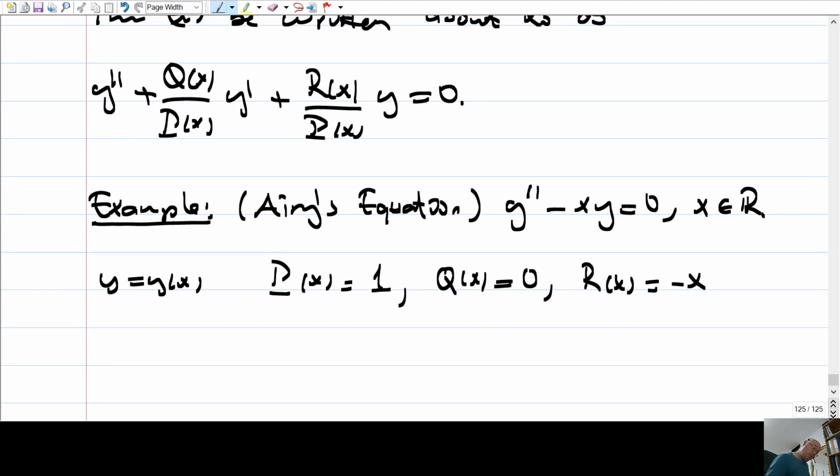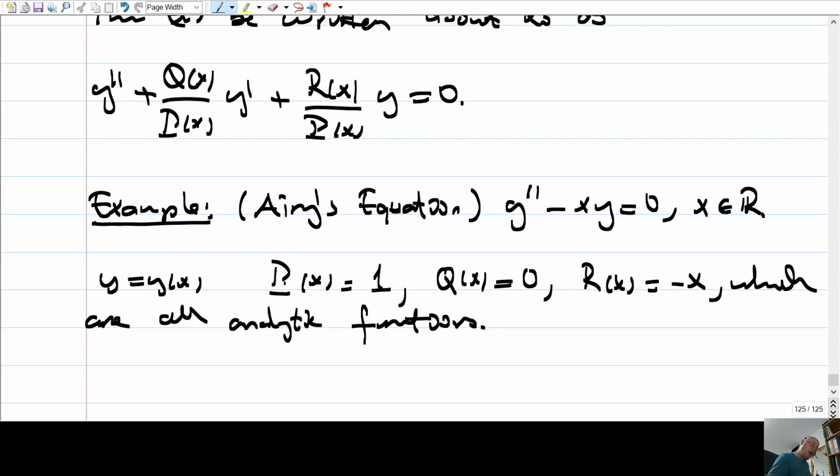Okay, so these are all analytic functions. And p(x) is constant 1, so it is never 0.